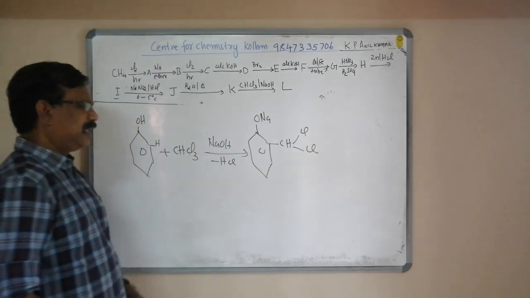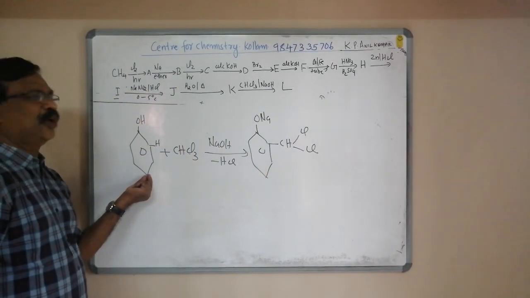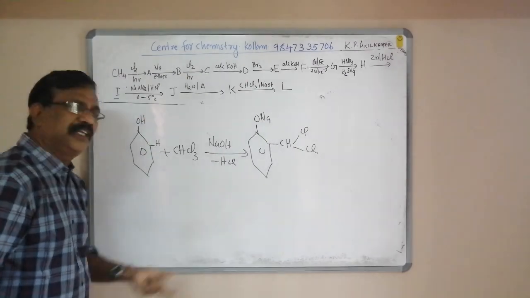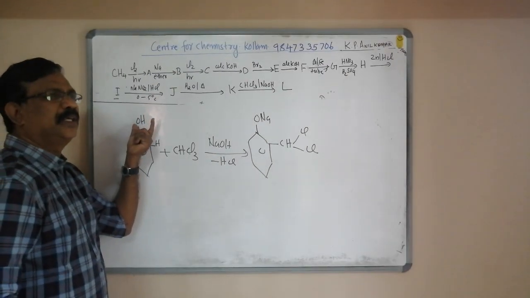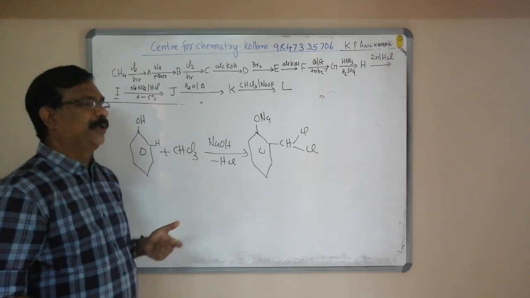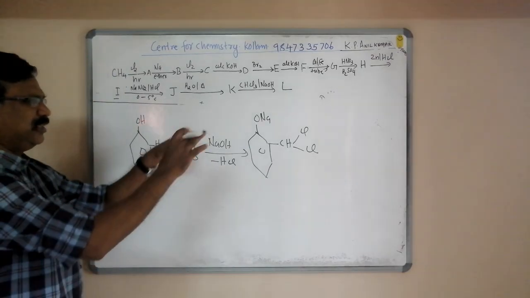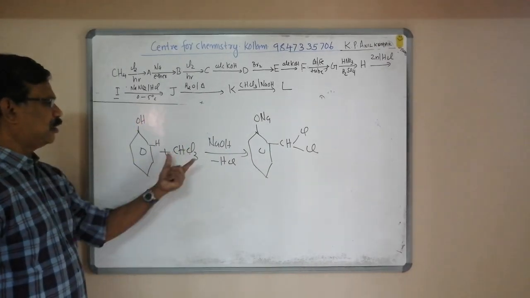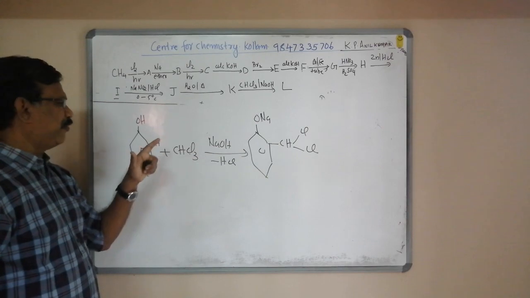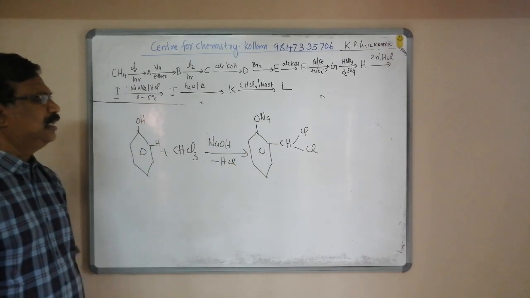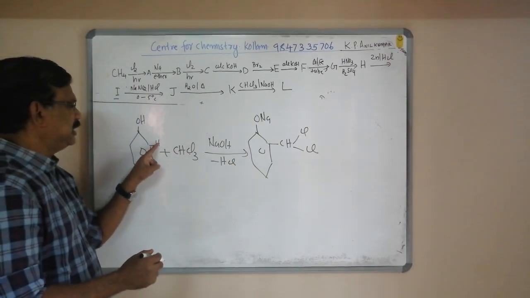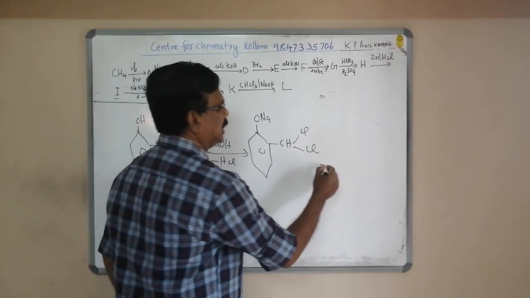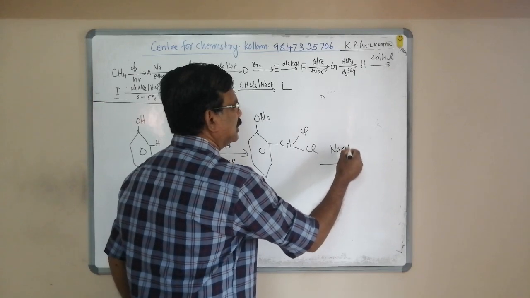In the same way, the reaction takes place in the para position also, because the OH group is ortho-para directing and activating, with a plus resonance or plus mesomeric effect. This is the first intermediate.